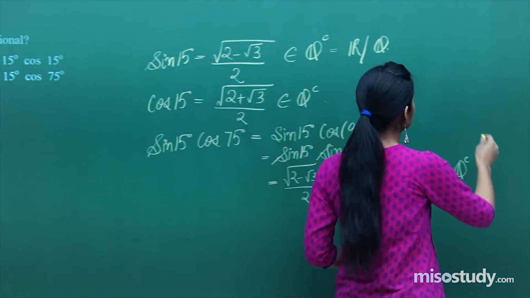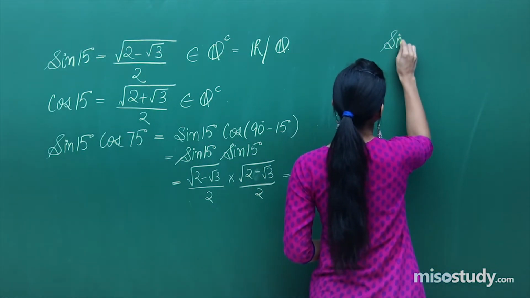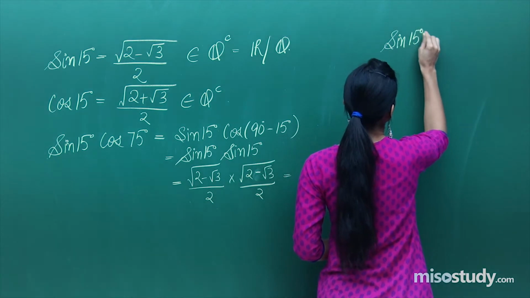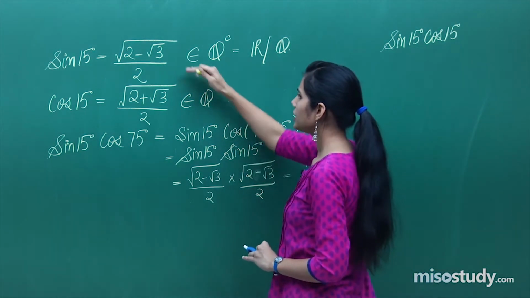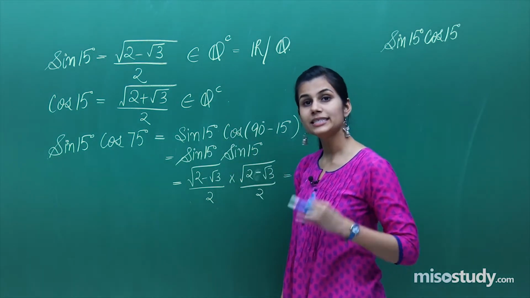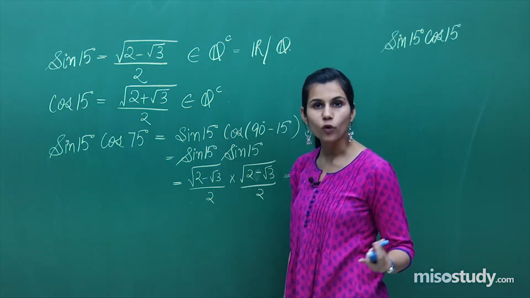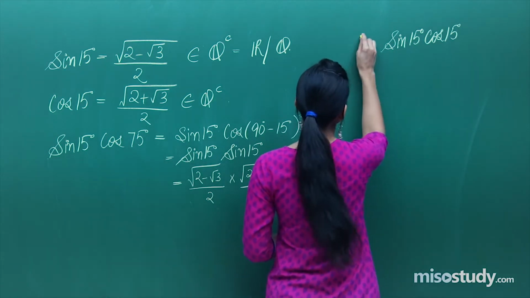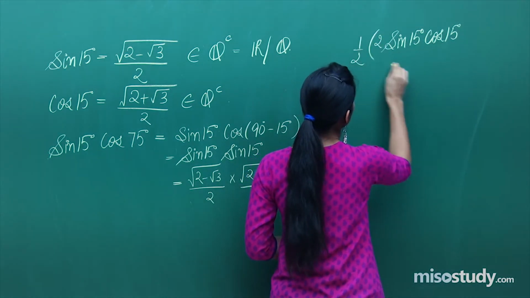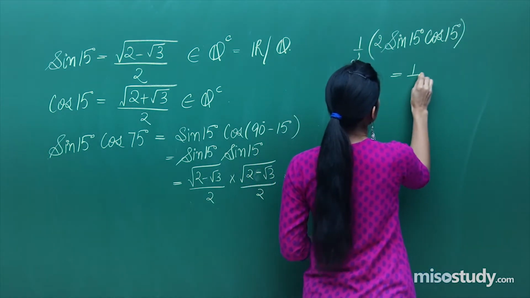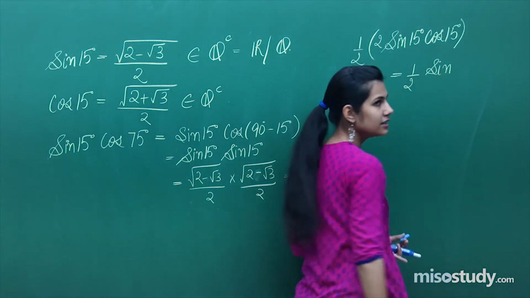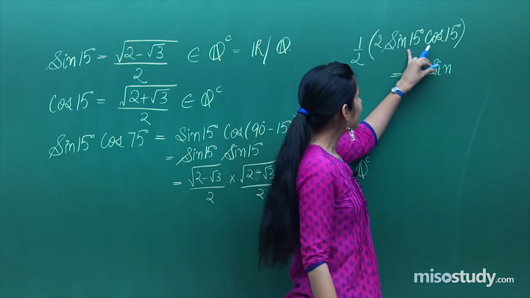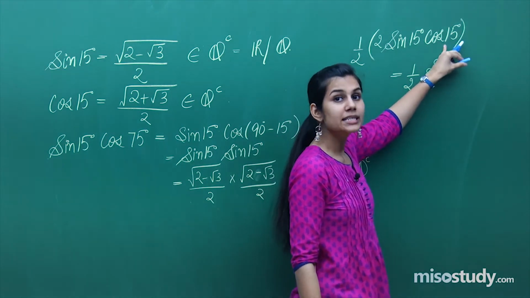Now see, you have sine 15 cos 15. Either you can use the values of sine 15 and cos 15 and multiply both of them, and the answer is 1 by 4, which is rational. Or alternatively, you can apply the trigonometric identity: 2 sine A cos A is sine 2A.